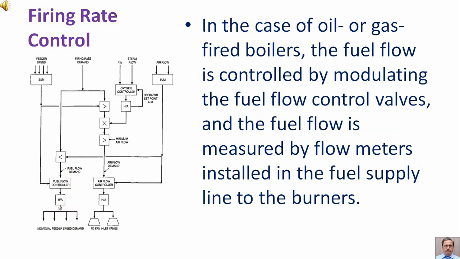In the case of oil or gas fired boilers, the fuel flow is controlled by modulating the fuel flow control valves, and the fuel flow is measured by flow meters installed in the fuel supply line to the burners.